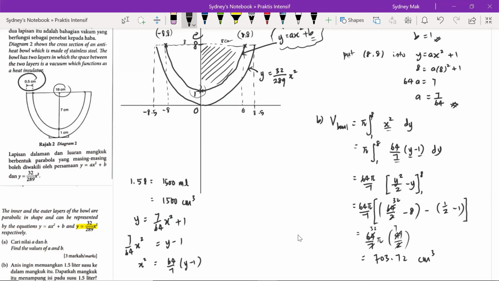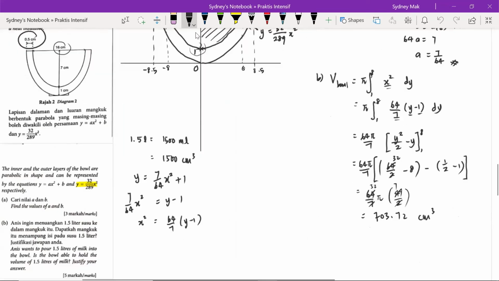All right. Therefore, the volume that can be held by the bowl is about 700 cubic centimeter. But to hold 1,500 cubic centimeter, our answer is the bowl is not able to hold that volume. Okay. So the answer is no. The bowl is not able to hold 1.5 liter of milk.